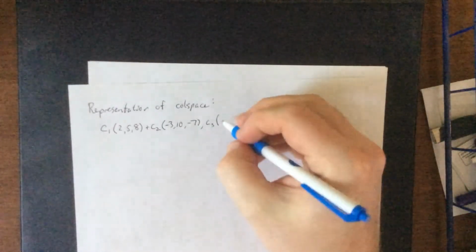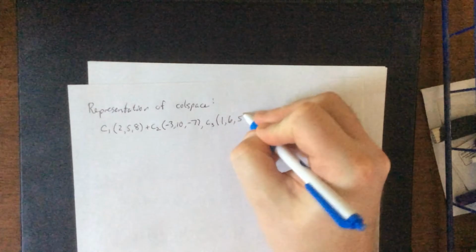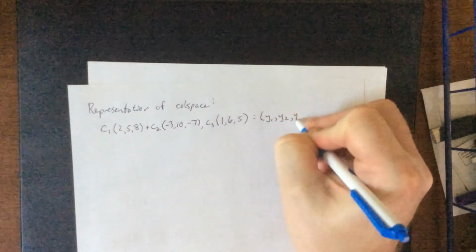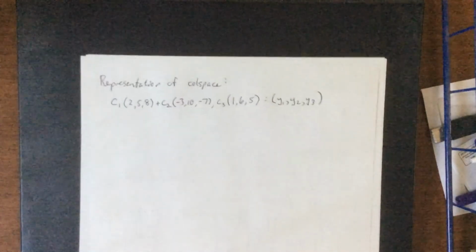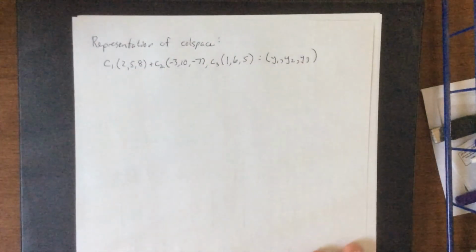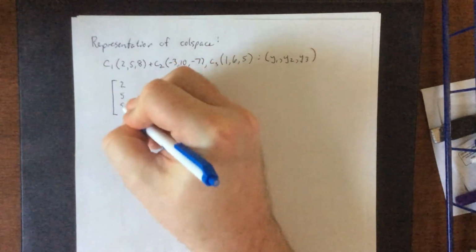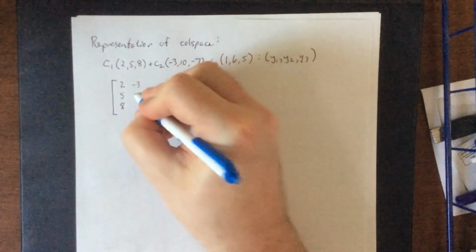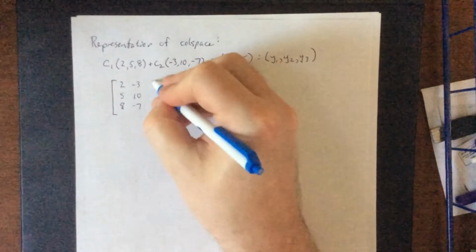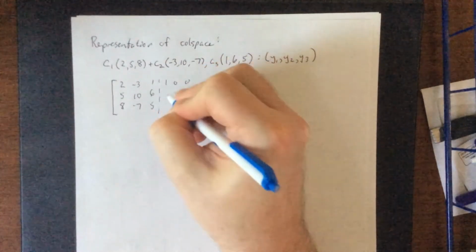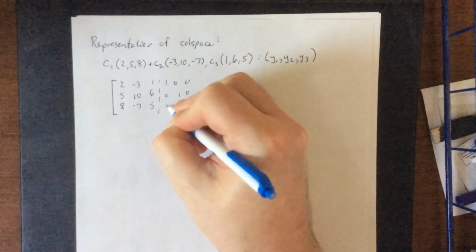Once again, we're going to be setting that equal to just a generic vector in R3. We'll call it y1, y2, y3 once again. So in terms of an augmented matrix, we'll be using exactly the matrix A, as we did before, and augmenting with, once again, the identity matrix.